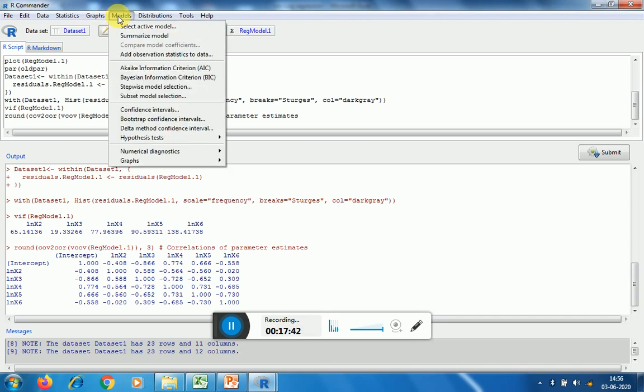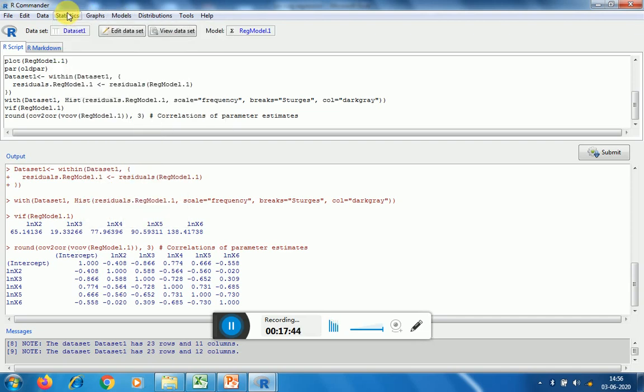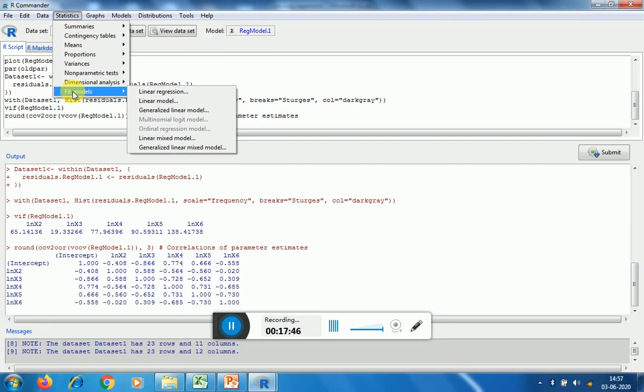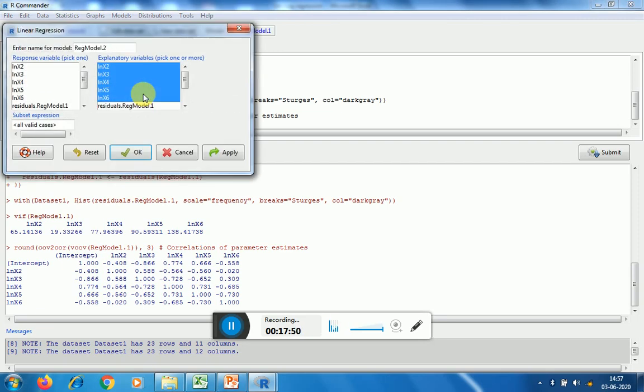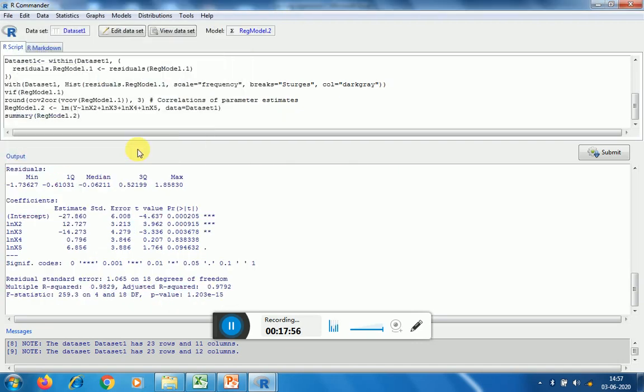So again I go into statistics, click on fit model, linear regression. Now I eliminate this x6 and click OK. After clicking OK, I obtain a new model, without x6 but comprising x2, x3, x4 and x5.